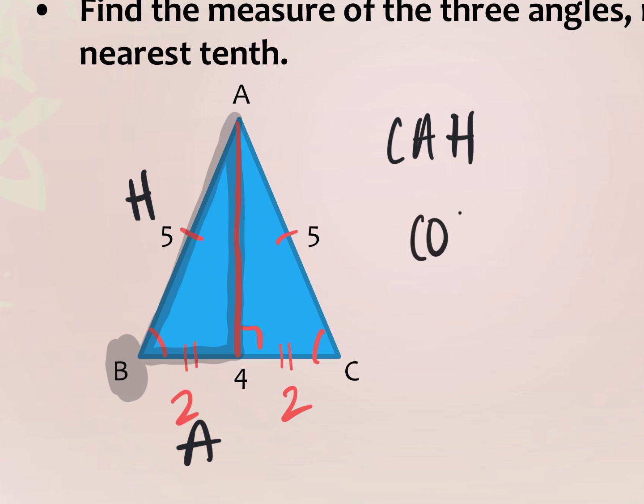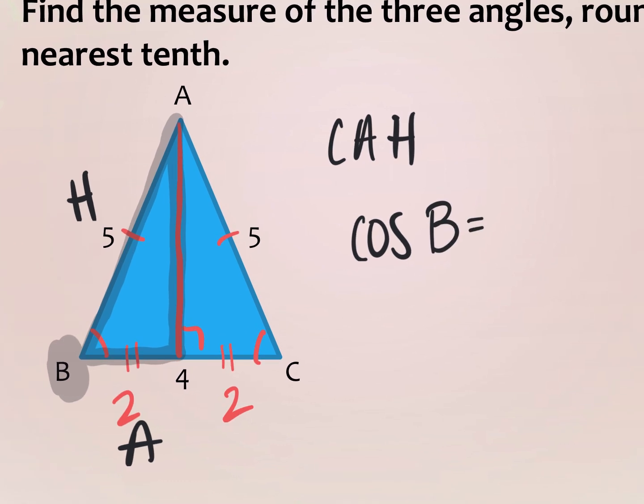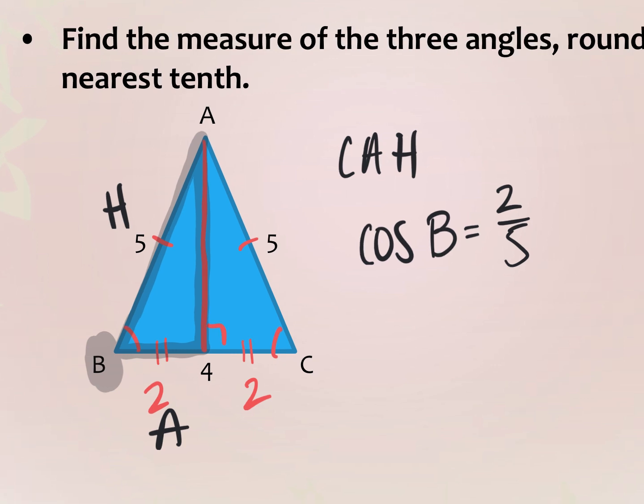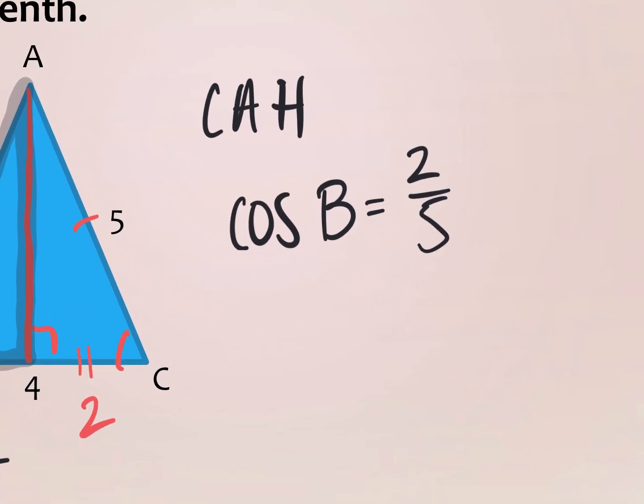So we're going to take the cosine of what? What do I put next to cosine? B. Very good. Cosine of that angle B is going to be equal to what ratio of the 2 sides? 2/5. Very good. Did we just see this problem? All right, how do I solve it?